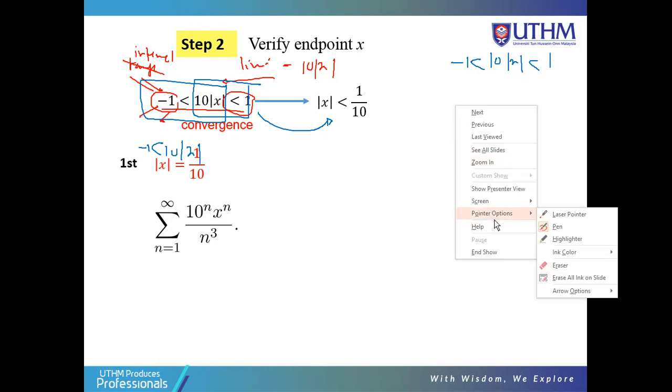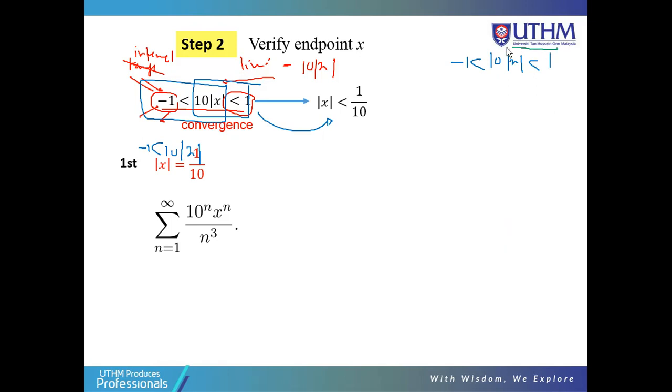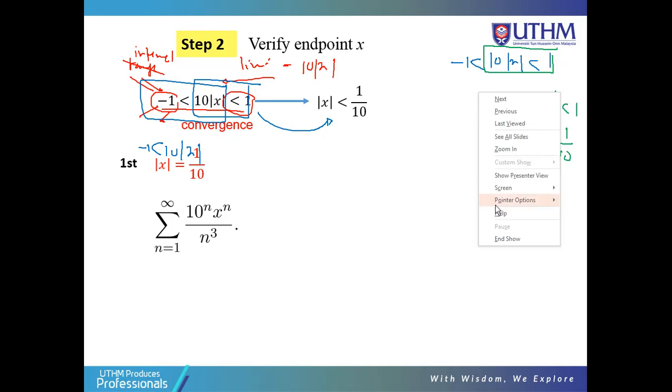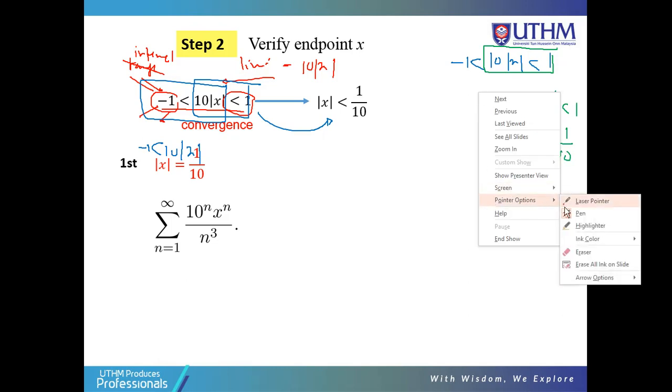First you bring the positive value, so x is less than 1 over 10. The second one you bring here, so we have the two values of x.